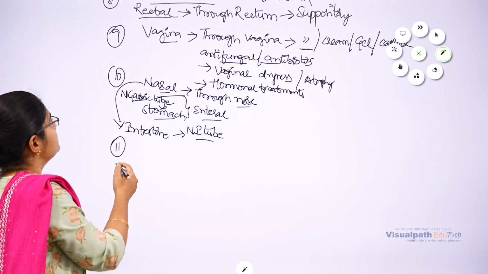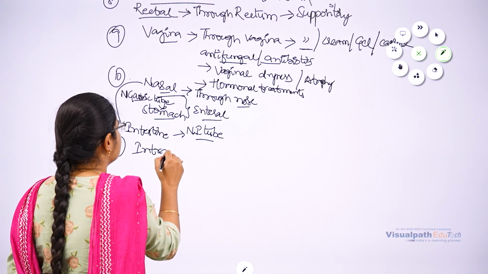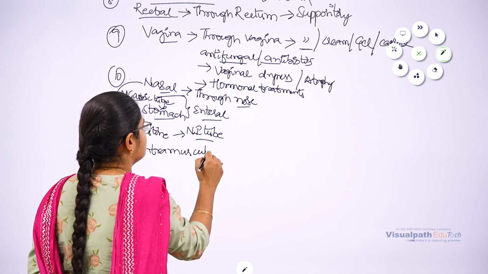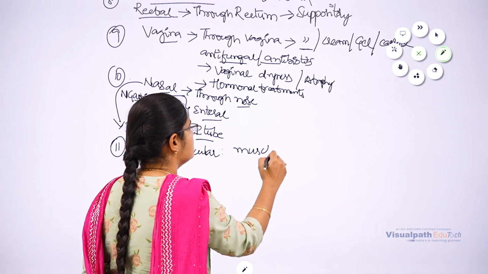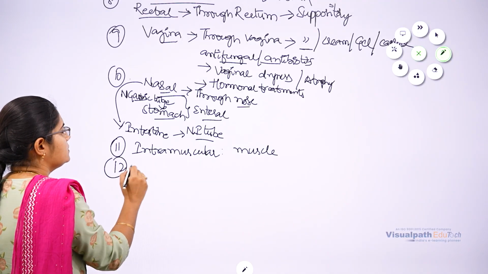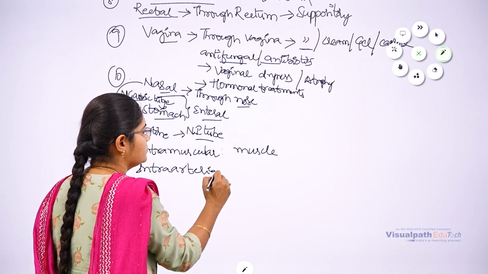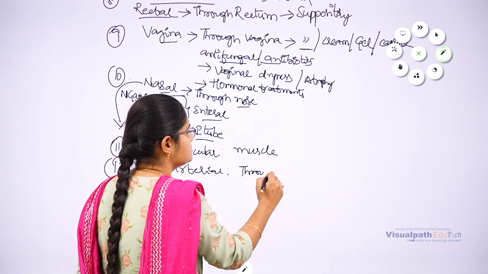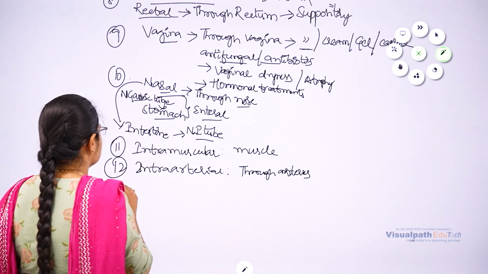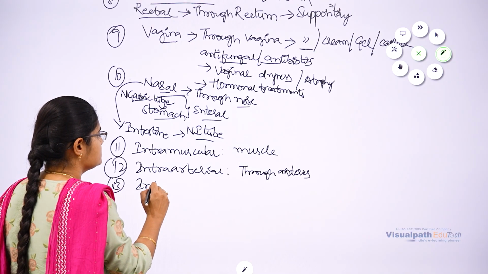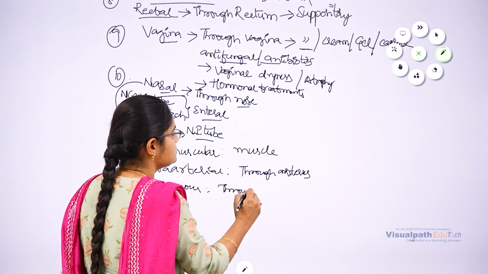And the next routes of drug administration are rectal, vaginal, nasal, intramuscular, directly injected into the muscle, intra-arterial, through arteries, and intravenous, through veins.